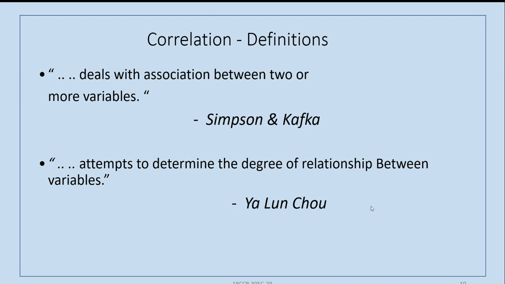And in continuation, we will understand that correlation attempts to determine the degree of relationship. So if there is any relationship, how much relationship is there? How can we measure that relationship? That is the meaning of this definition.